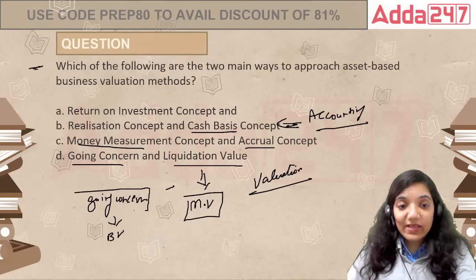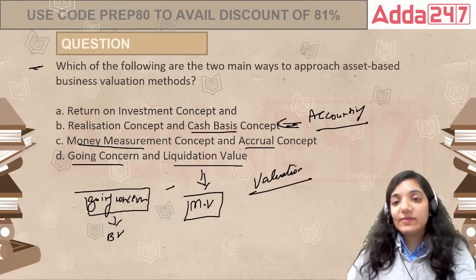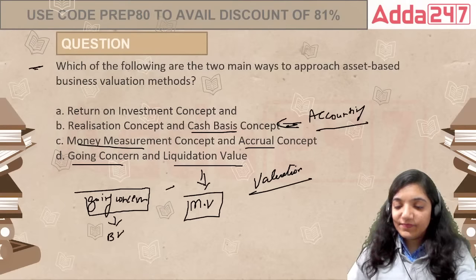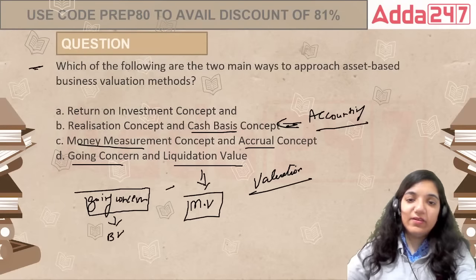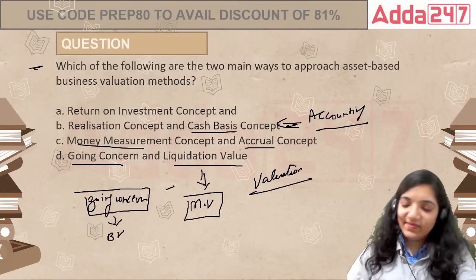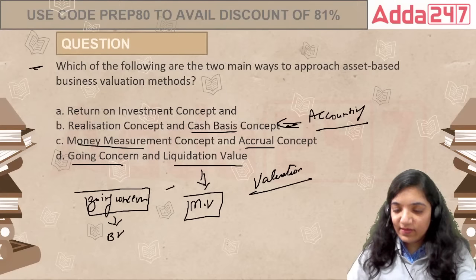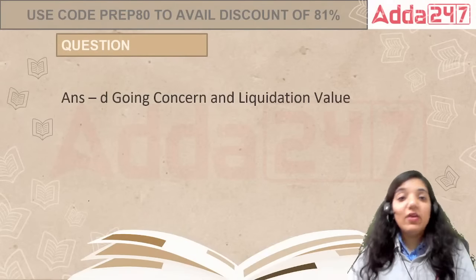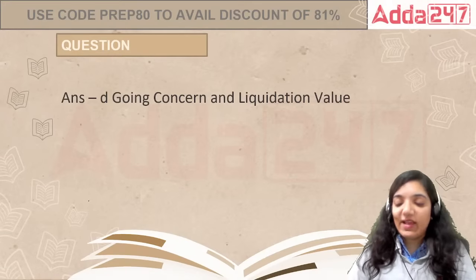This is the major difference. Okay, so the correct answer would be D, that is going concern as well as the liquidation value. Take everyone? Done? So let's move on towards the next question. It is D, everyone, going concern and liquidation value.